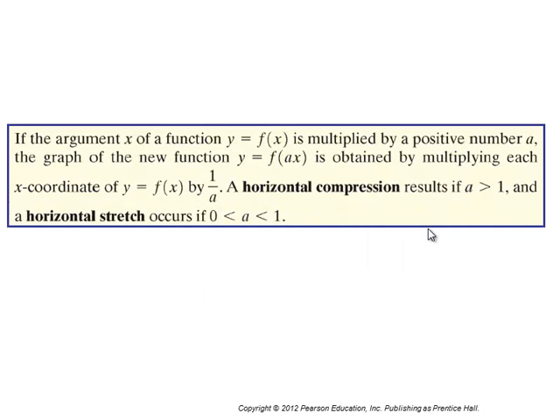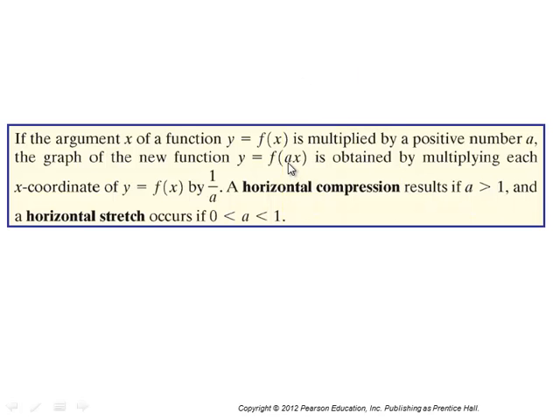All right, moving along here. So this just recapitulates everything that we talked about here. Replacing x by some multiple of x is going to either stretch or compress the graph horizontally based on what the value of that multiple is.